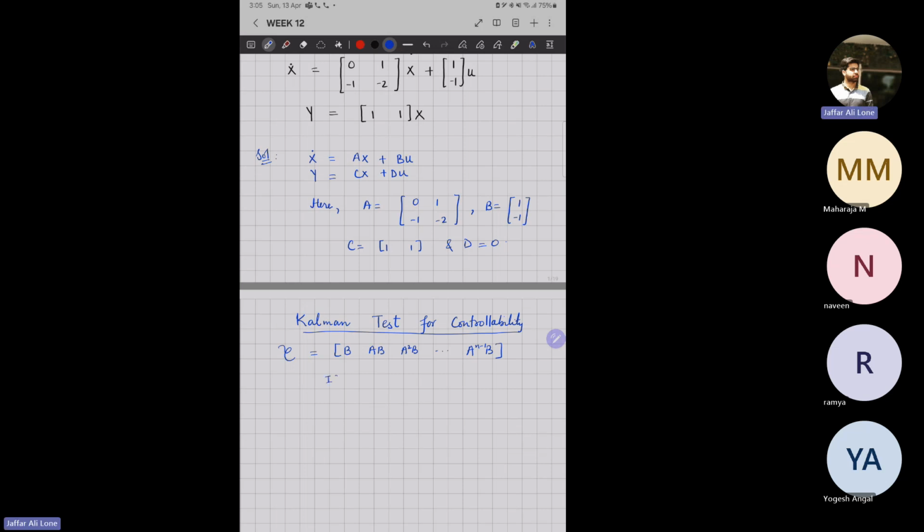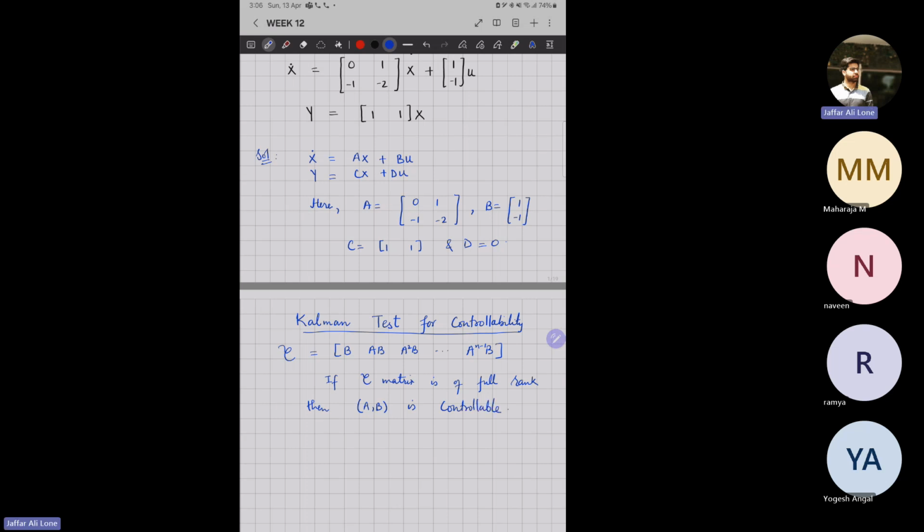If this C matrix is of full rank, then the pair (A, B), or my system x dot equals Ax plus Bu, is controllable.